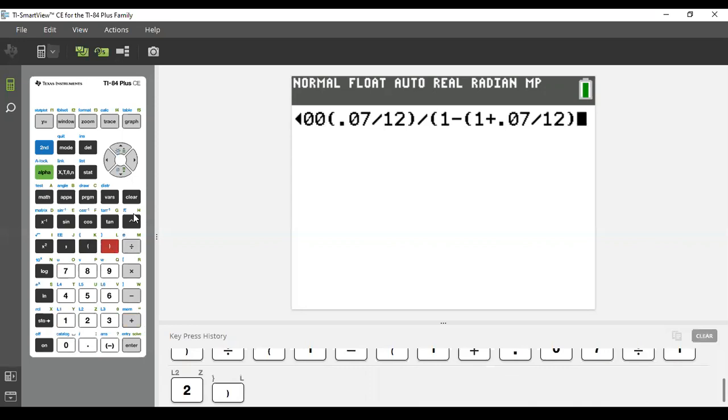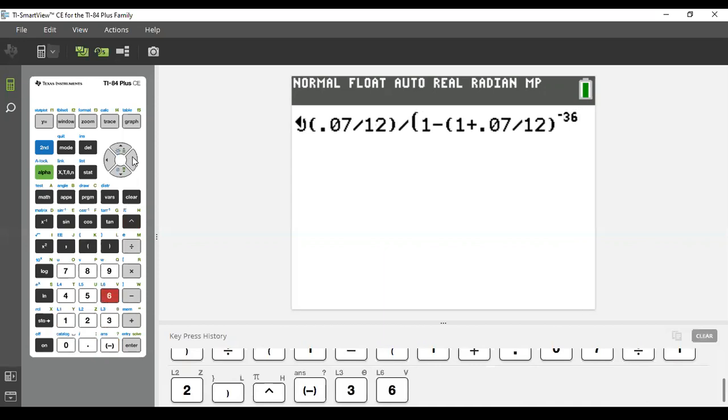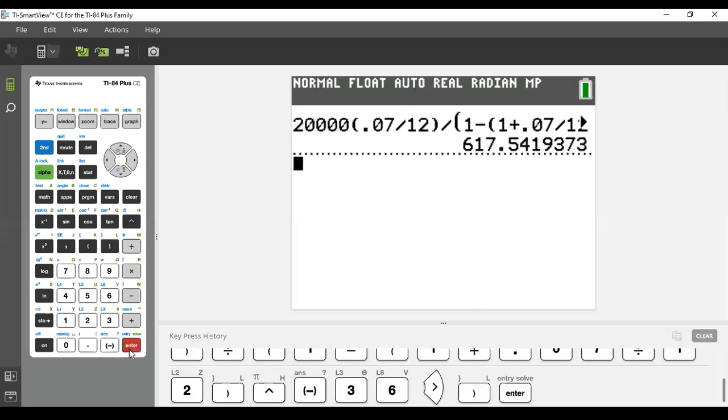Close the parentheses, raise to negative. You must use the negative symbol down here at the bottom by the enter. Negative n times t, which was 36. And we just need to close the bracket. So I will press to the right, close, and enter.